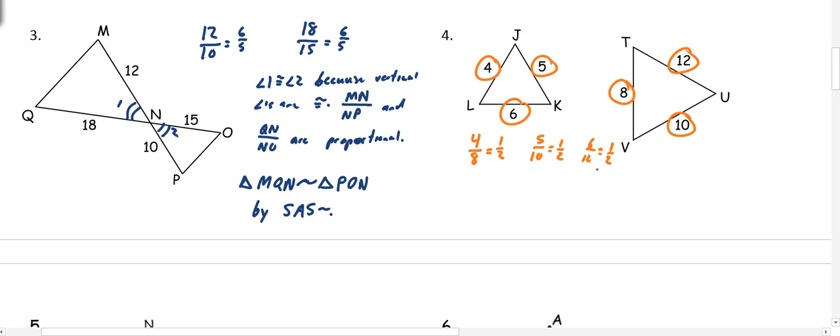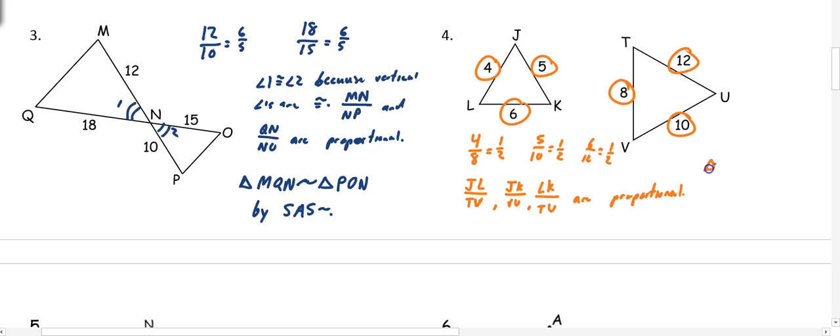So because they all reduce to the same ratio, we can say that JK over TV, JK over VU, and LK over TU are proportional.